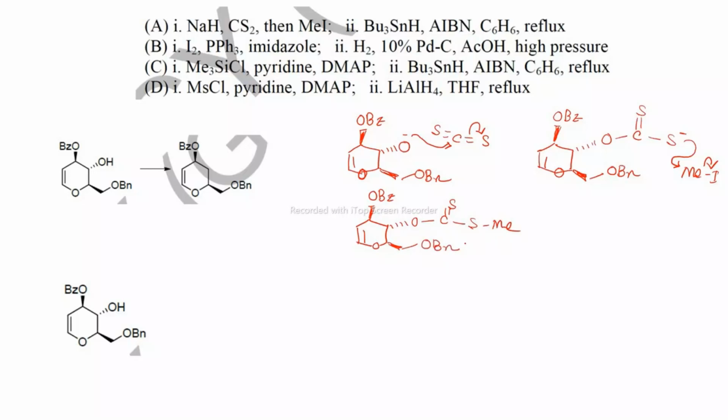So this is the xanthate. After that, Barton-McCombie deoxygenation happens. So this group will basically go and we will get the deoxygenated product. So option A is the correct one.